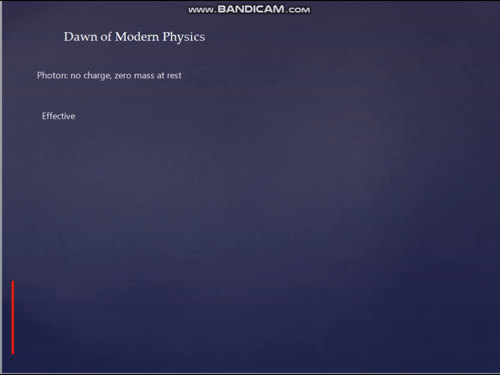So we're discussing effective momentum. The general formula for momentum will be P equals mv, but for light we will be writing v as c. This will be the general formula.